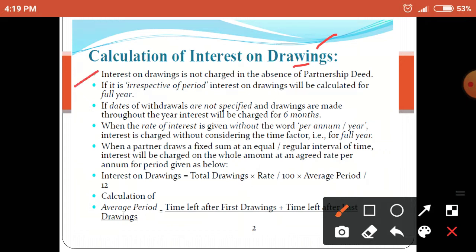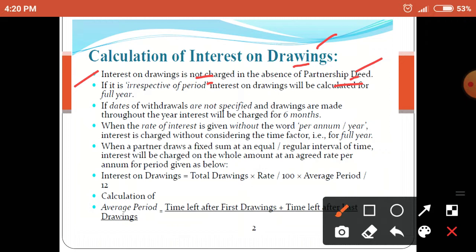In this, first, interest on drawing is not charged in the absence of a partnership deed. If a partnership deed is not there in the partnership business, in such a case we should not charge interest on drawing. So what is a partnership deed? A partnership deed is a written document signed by all the partners. It contains the name of the firm, address of the firm, rate of interest on drawing, rate of interest on capital, salary of the partner, commission of the partner.